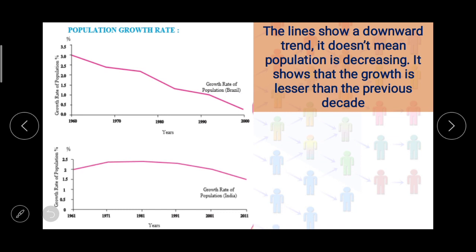The line shows a downward trend. It doesn't mean population is decreasing. It shows that the growth is lesser than the previous decade. In 1990 जितनी थी उससे कम हो रही है, 2001 में जितनी थी उससे कम हो रही है, लेकिन वो पूरी तरह से पॉपुलेशन जो है वो डाउनवर्ड ट्रेंड दिखा रहा है ओनली कंपेयर टू द लास्ट सेंसस.